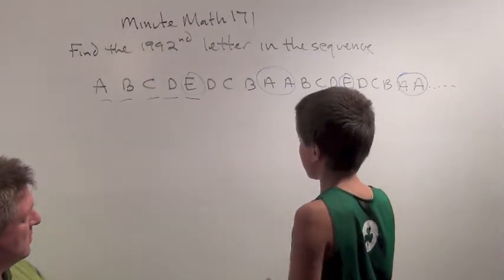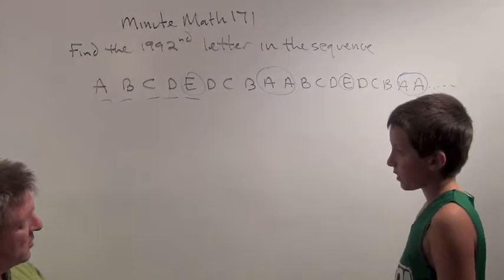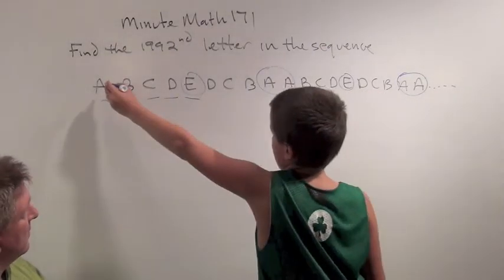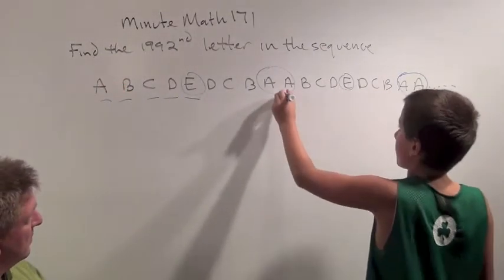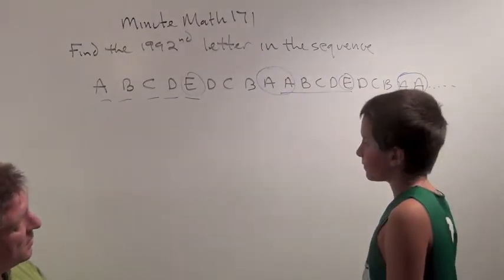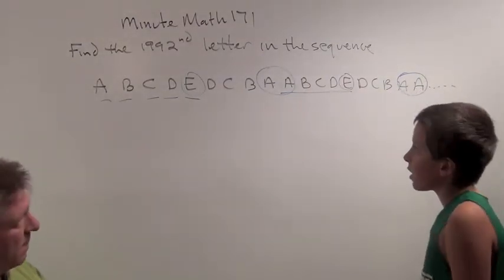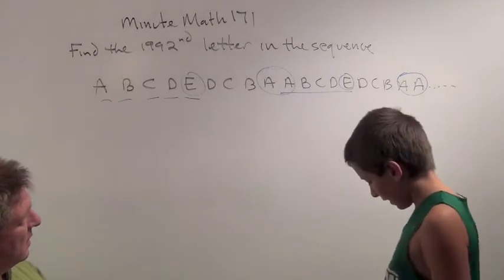Actually, A, B, C, D, E repeats every 4. Show me what you mean. Well, A, B, C, D, E here, and then A, B, C, D, E here. And then what's in between them? And then there's D, C, B, A.